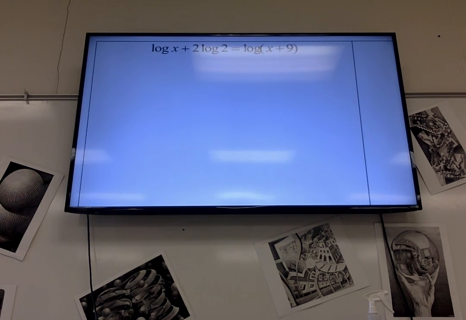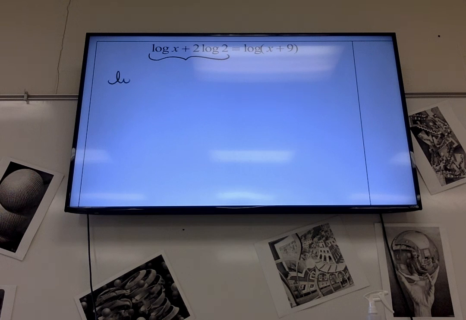Okay, so here's the next one. The directions say to solve by rewriting each side as a single logarithm, set them equal, and then we're supposed to check the solution. And if it has no solution, explain why. All right. So first off, we have 2 logs that are added together.